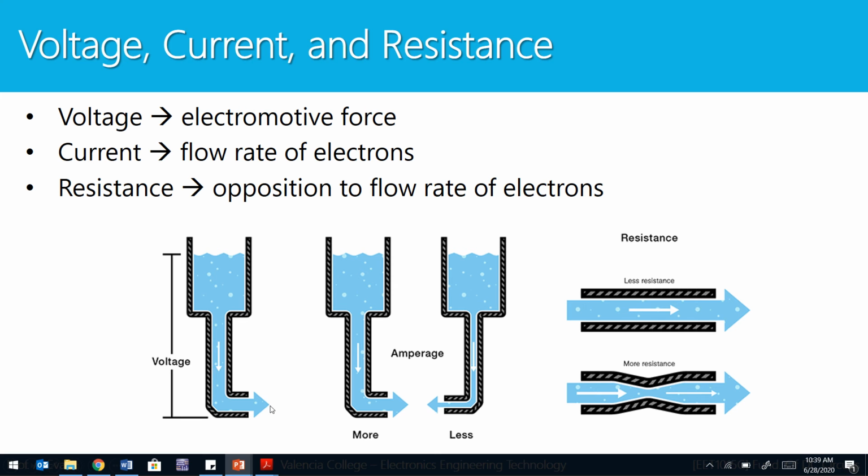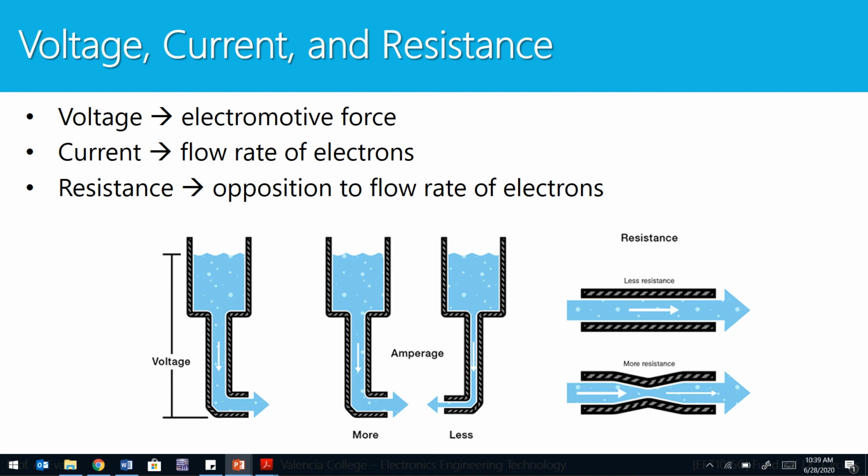But how do we know that's how water is going to flow? Well, there's a force acting on the water, and that force, in this case, is gravity. Gravity is the force that causes water to flow down and out the pipe. Well, the voltage in an electric circuit is that force that causes the flow of electrons, just like gravity is the force in the water pipe that causes the flow of water.